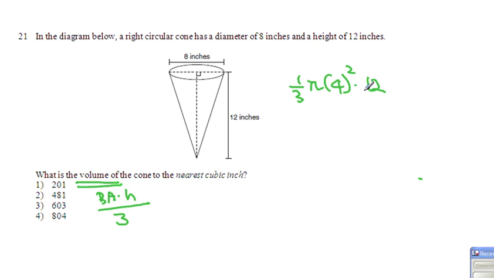Once you calculate this one, this one becomes 64 pi. 64 pi is about 201. So therefore, our answer will be 201. All right.